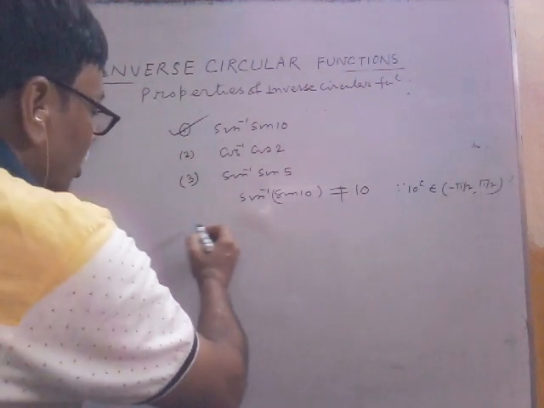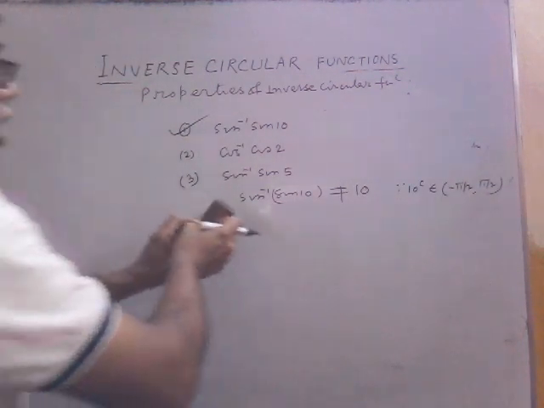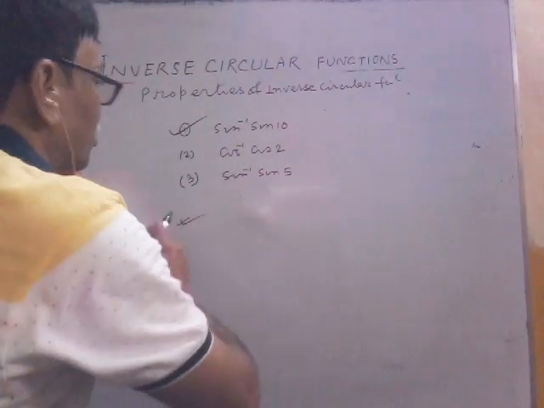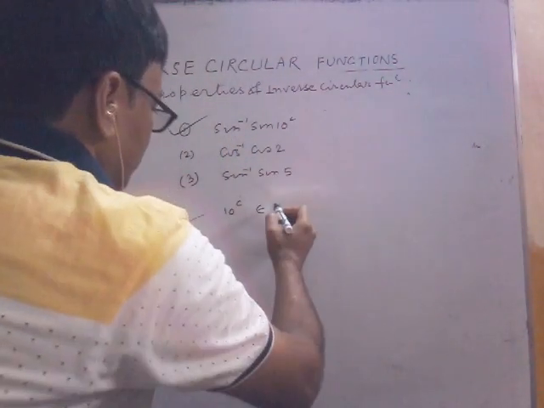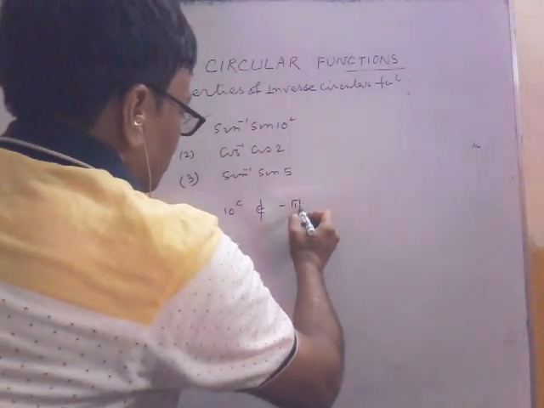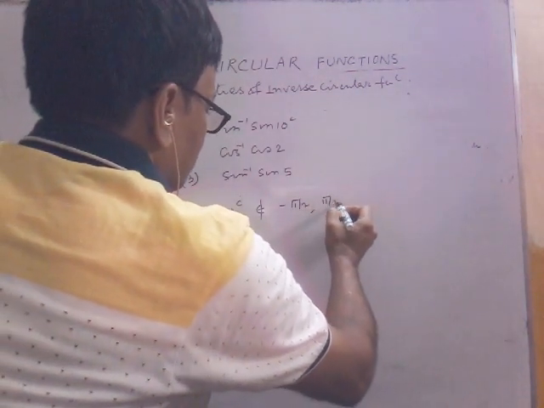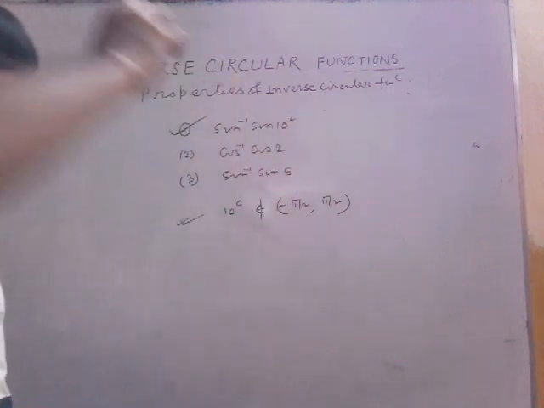So you have to express 10 radians in terms of the principal value of sine. Look now, 10 radians does not belong to minus pi by 2 to plus pi by 2.